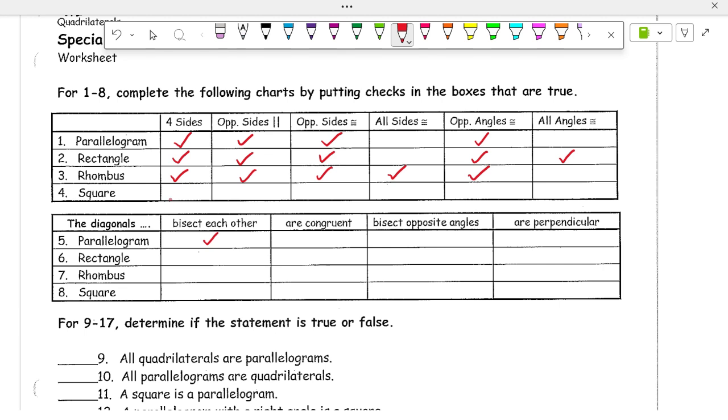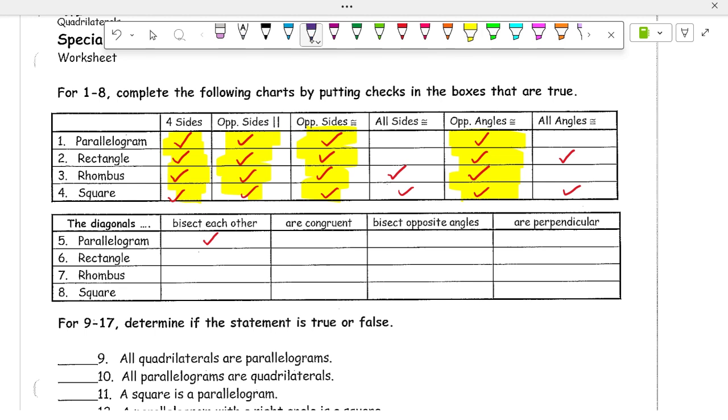Now, for a square, I can tell you right now, you're going to check off all of them. So, just from this table alone, what do you notice that's consistent? In other words, aren't these columns all filled in for these 4? And the reason that they all have that is because they stem from a what?